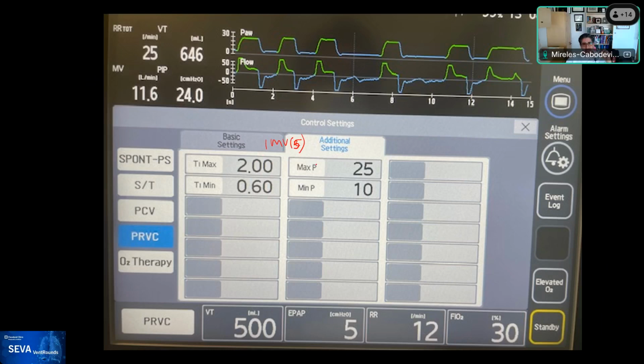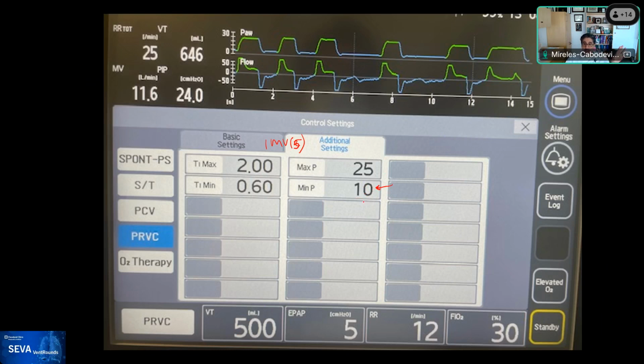And the other part that I also want you to be aware of in these additional settings is that, and this is present in other PRVC type modes, especially non-invasive, you can set a minimum pressure. Remember that as the work shifting starts occurring and the patient does more effort, the ventilator is going to deliver less. And you can set, at least on this ventilator, a lower amount of pressure that it will not go below. Even though the patient may be getting a larger tidal volume, it will not go below 10.